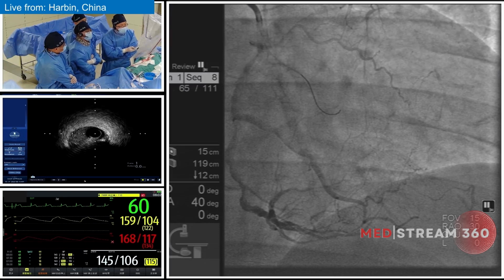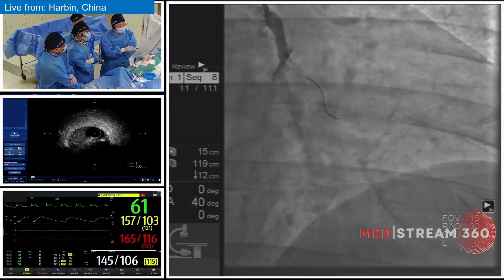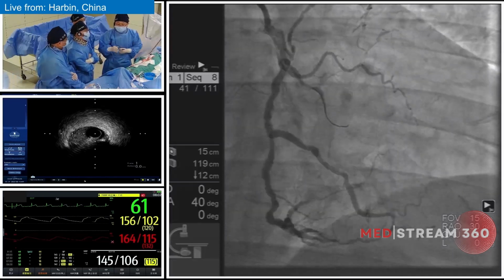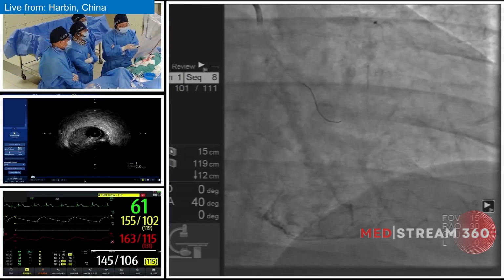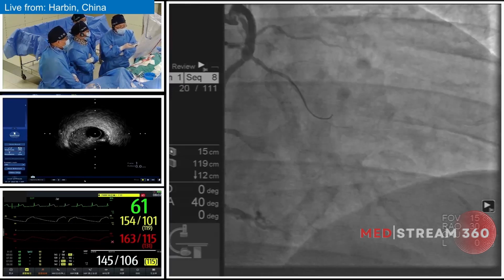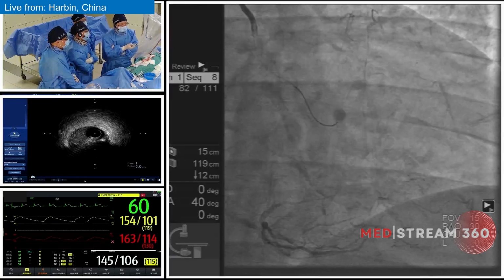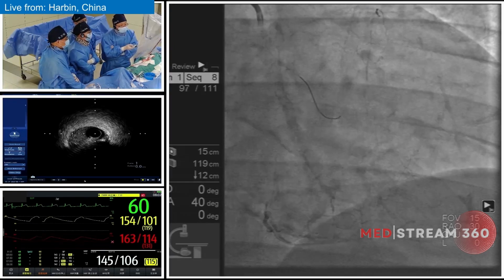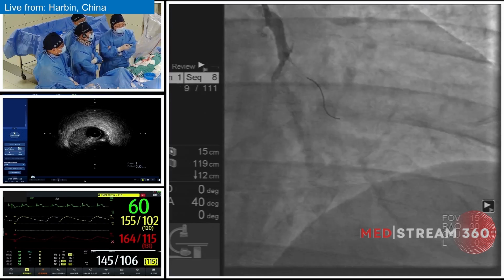In order to do the RCA angiogram better, we finally used a Godzilla to engage a little bit deeper into the RCA ostium. In the RAO view we can see there should be a relatively good septal collateral channel, but the exit point is very close to the distal fibrotic cap.